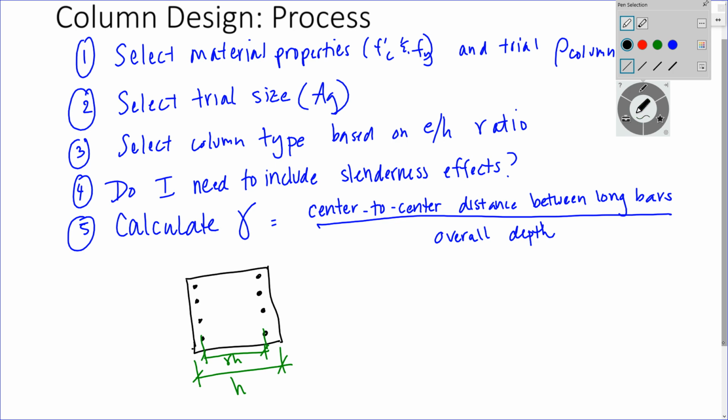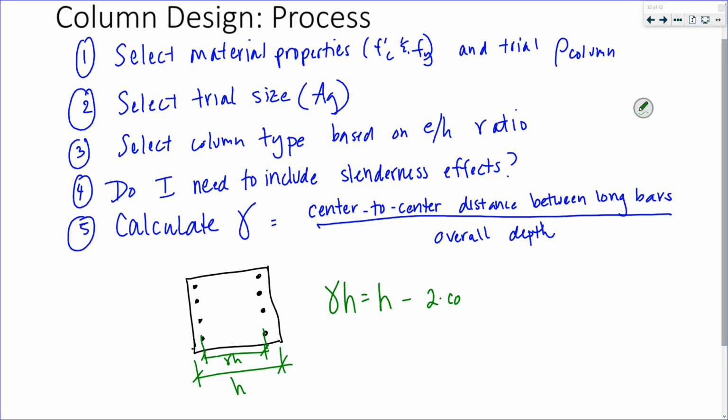Our gamma H, estimating it, is our H minus our cover on both sides, minus the diameter of our stirrups on both sides, minus 2 half bar diameters.